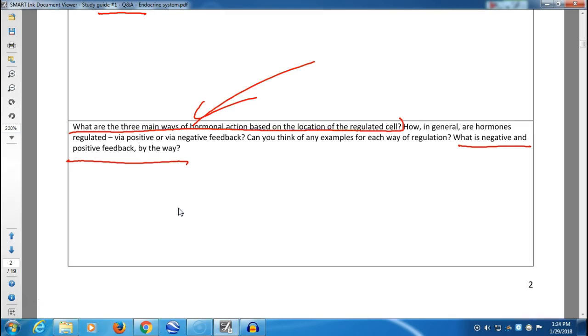If you come to me and say, is that an example of positive feedback or negative feedback, I will not help you. Am I clear on that? Positive feedback amplifies the initial changes. Negative feedback decreases initial changes, bringing the system back to homeostasis. Am I clear?